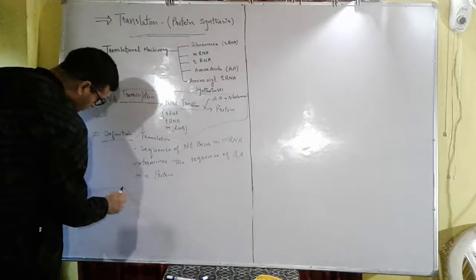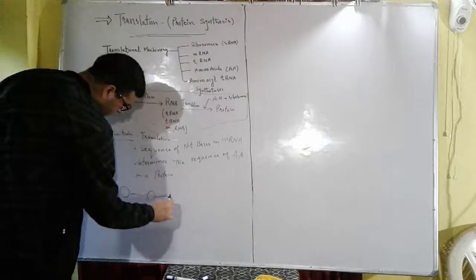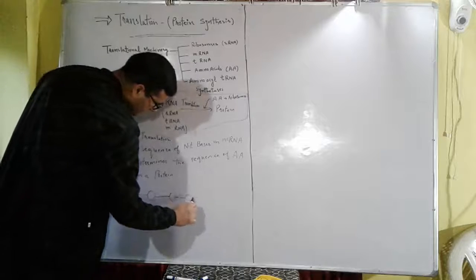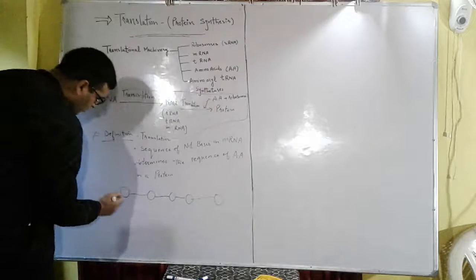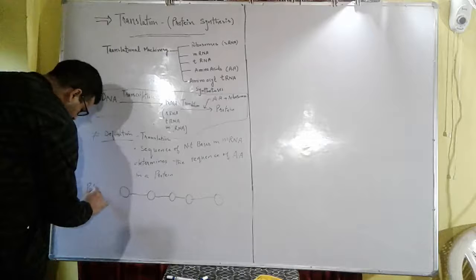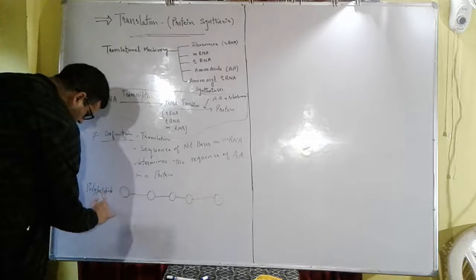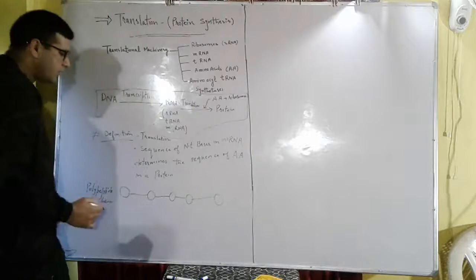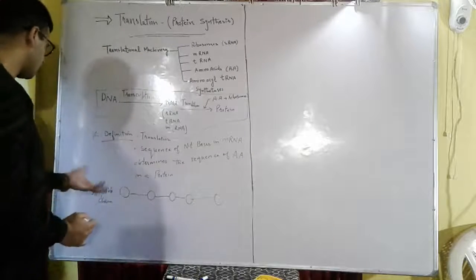That means we have proteins. This is a protein polypeptide chain. Suppose this is a polypeptide chain. This polypeptide chain is composed of hundreds of amino acids.